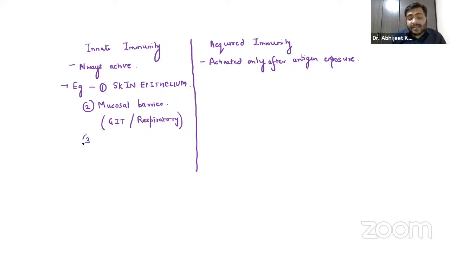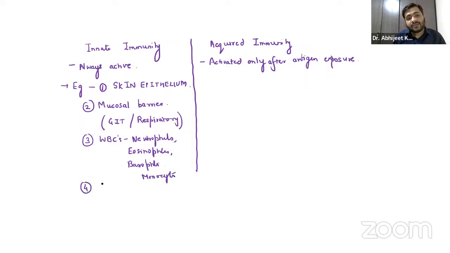Apart from that, guys, the cells which I have already told you, the WBCs: the neutrophils, the eosinophils, the basophils, and the monocytes. We have also discussed that the natural killer cells take part in this innate immunity, right?